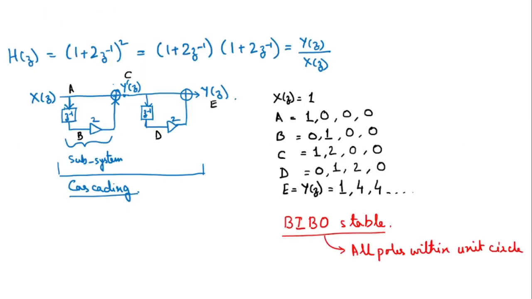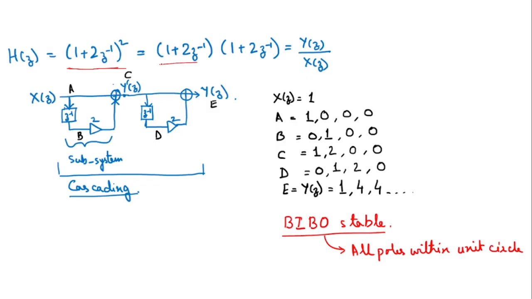Now if you look into the transfer function, what is happening? We saw that we could have simplified the transfer function in the form of capital A squared, where capital A is (1 plus 2 z inverse) whole squared.